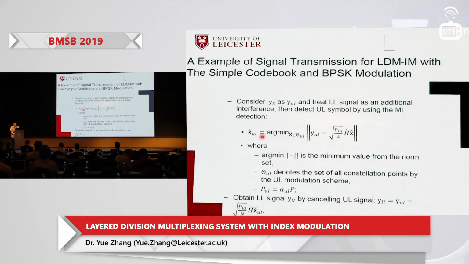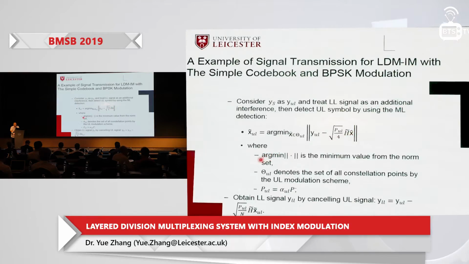So we can derive our error rate based on maximum likelihood detection, which minimizes the distance between the received signal and the transmitted signal after removing the channel effect.